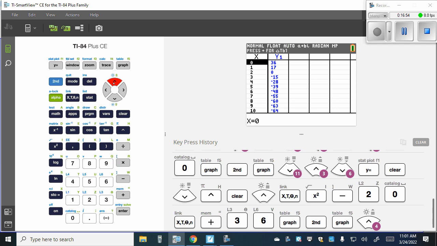Bigger, because if we came down for the y values, 36, 17, 0, negative, I'm going to have to come back up, which means these negatives are eventually going to have to turn positive. Yep, it's going to be 18. So 18 is the other value.